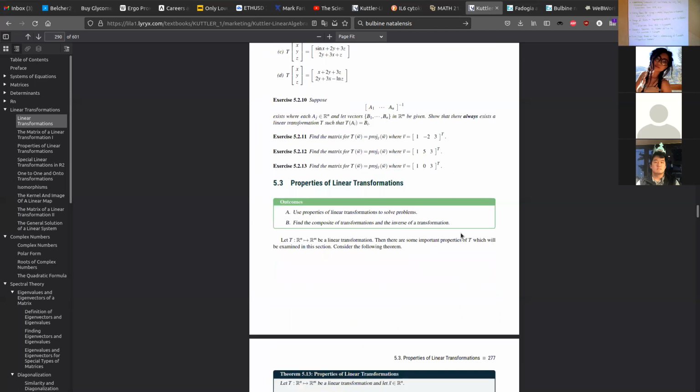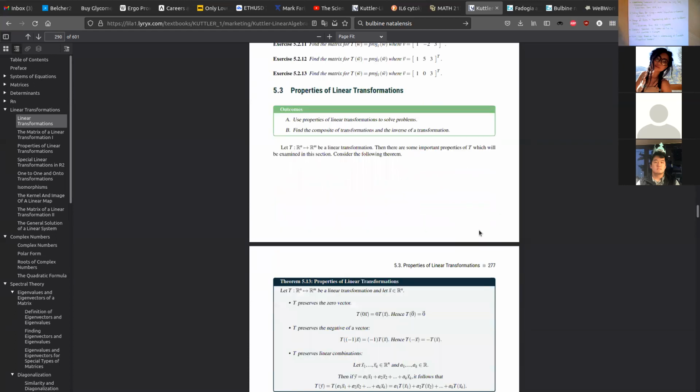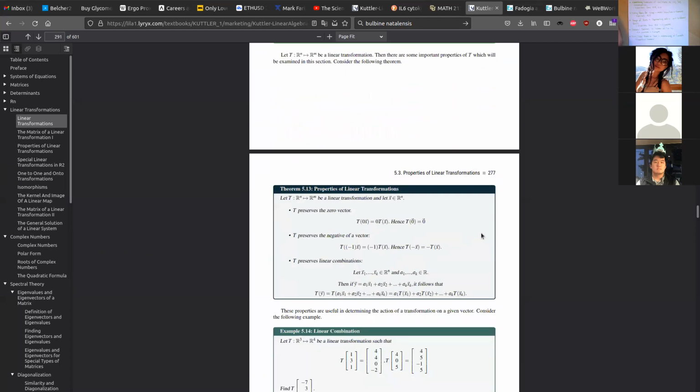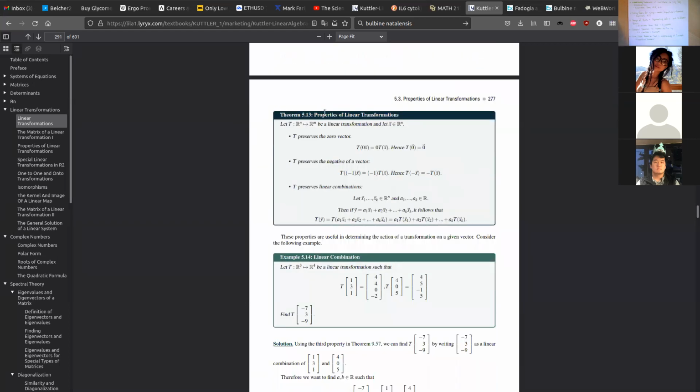Then we moved on, so we're talking about properties of transformations, and this section is fairly short as well, at least by the way we were introducing it in lecture. I mentioned this in class, but these are good to pick out what is a linear transformation and not. Primarily the first 2 bullets, we don't really need.